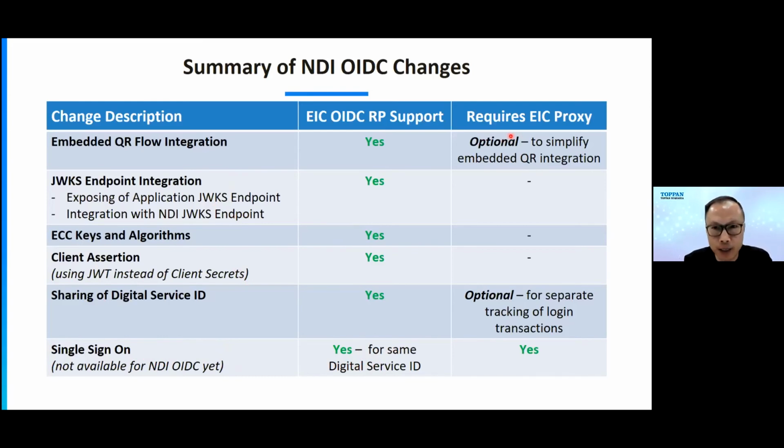However, just to note that there are some cases that require you to implement an EIC proxy in the application tier. These are indicated in the right hand column. For example, if you intend to use our single sign-on, you have to deploy these additional components. Or if you are using our embedded QR to simplify your front-end integration, you also need an EIC proxy.